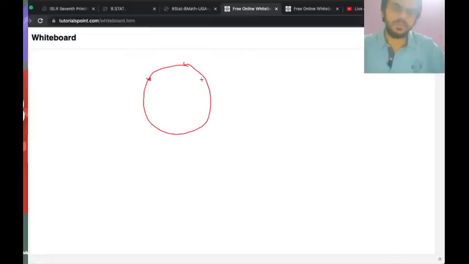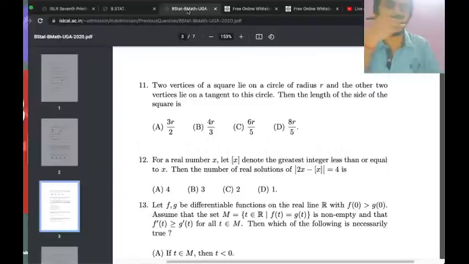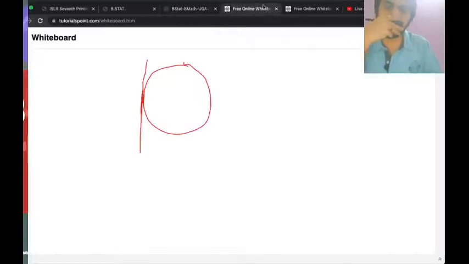Let's just think about it this way. First draw the tangent.